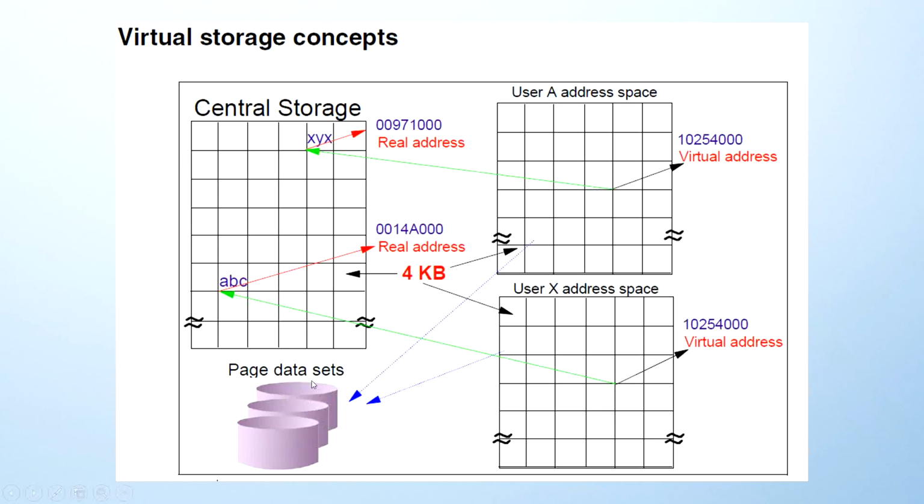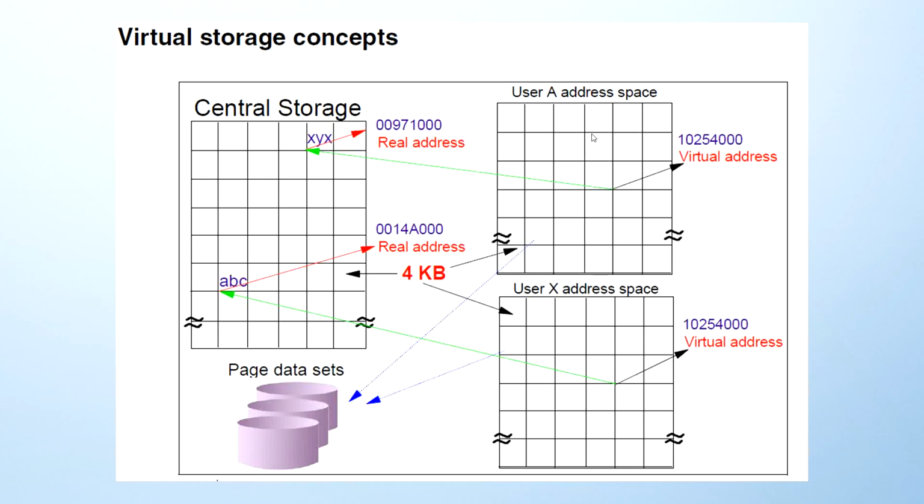The system fetches from the page data sets, and that storage, whether an instruction or data, is brought back to the central storage and then provided to the user. All this is transparent to the user. The user will not know what is happening in the backend. That is the beauty of the system.